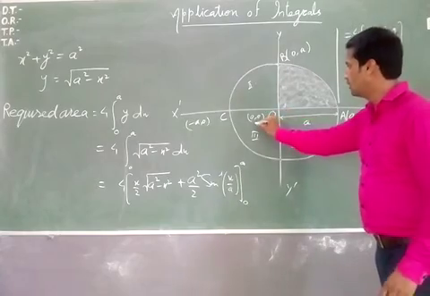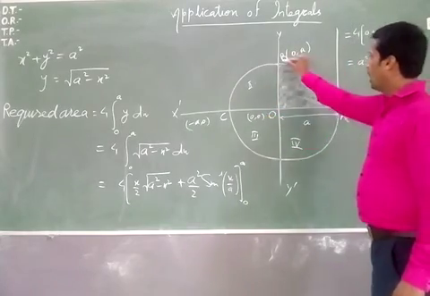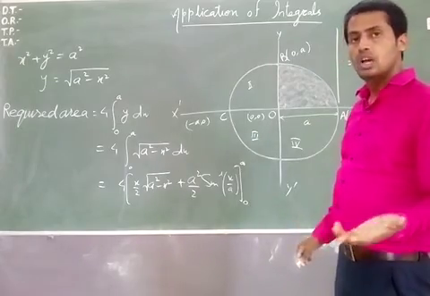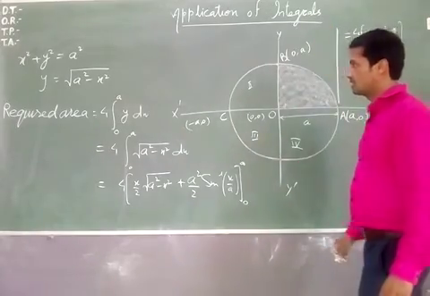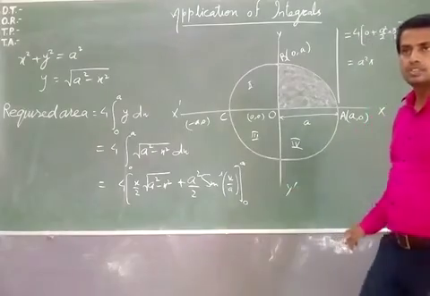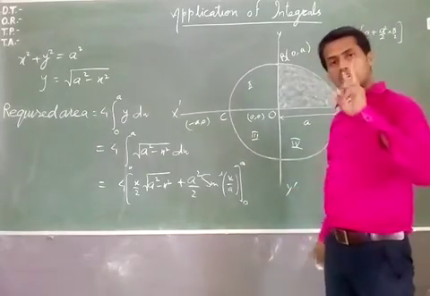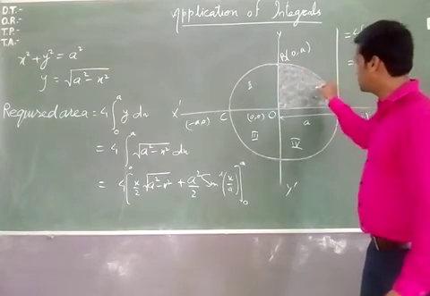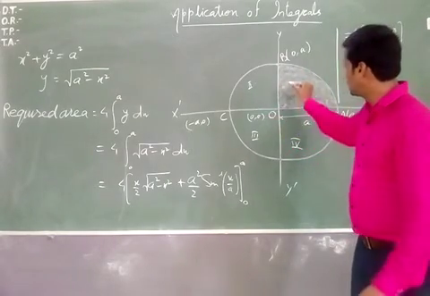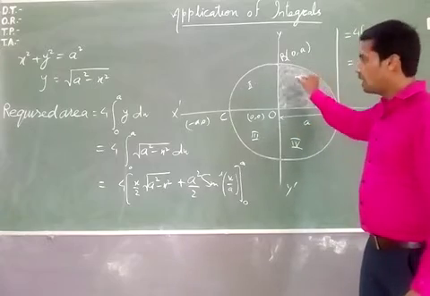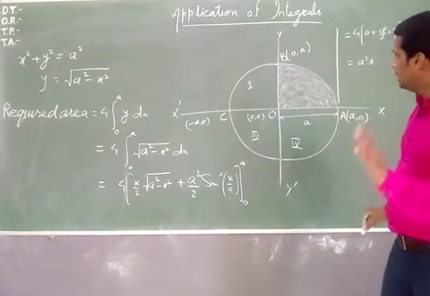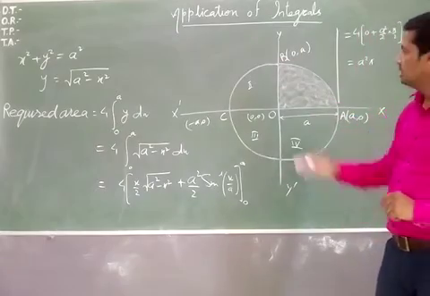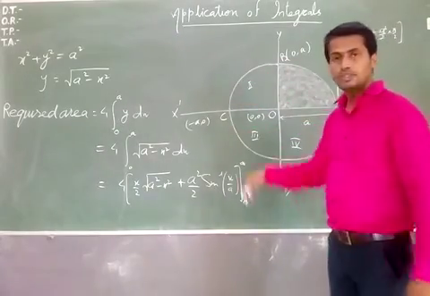We can find the interval 0 to a, and we can take the limit along y-axis or along x-axis. We have divided the given circle into 4 parts. We can divide into 2 parts also. 0 to a, this is the first part, but there are 4 parts: 1, 2, 3, 4. If I find the area of the first part and multiply by 4, then we can find the area of the circle.